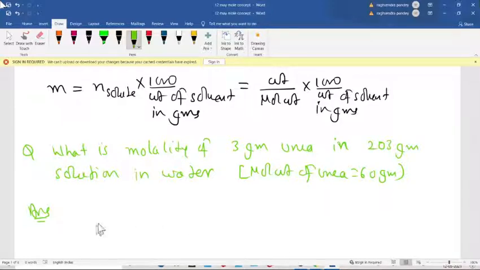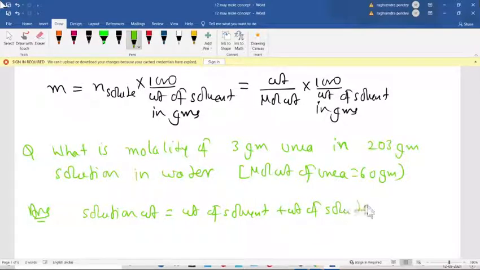Okay, let's solve it. So molality. Here 3 gram of urea is there, so that is your solute, and the weight of solvent is how much? Solution weight is equal to weight of solvent plus weight of solute.